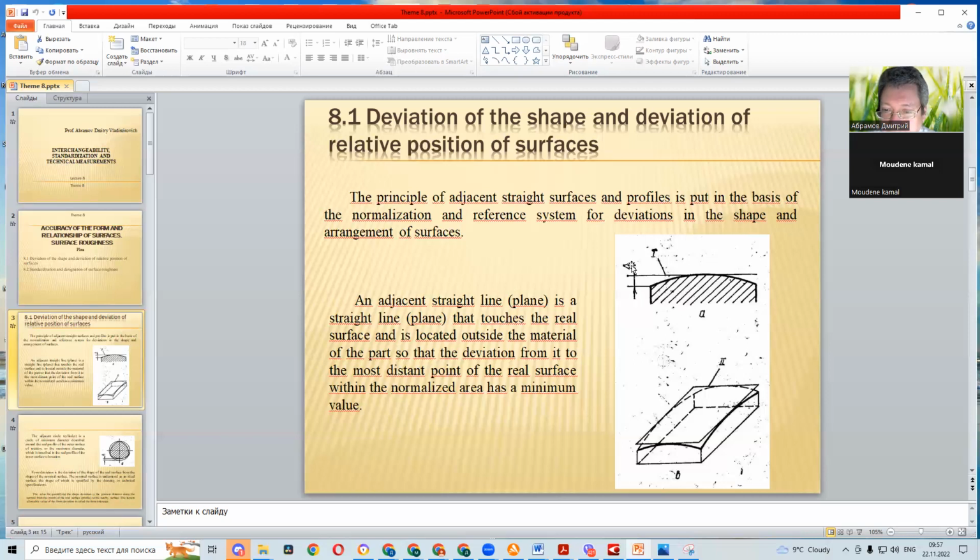This distance, delta minimum, is the maximum distance between this line and the real surface.